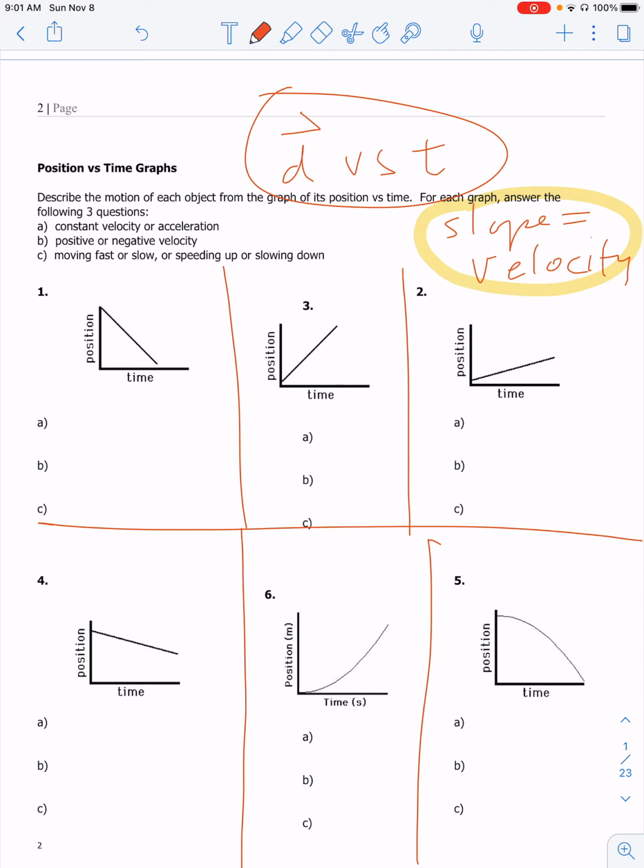Okay, so the velocity is the slope on a d versus t graph. So as long as the line is straight, there is constant velocity. For example, right here, right here, right here, the slope is the same at any of those points, so the velocity is the same at any of those points. If the graph line on a d versus t graph is straight, then the slope is constant.